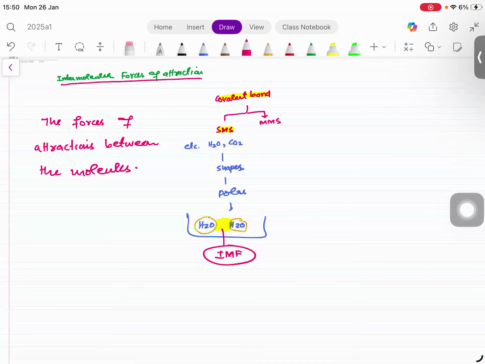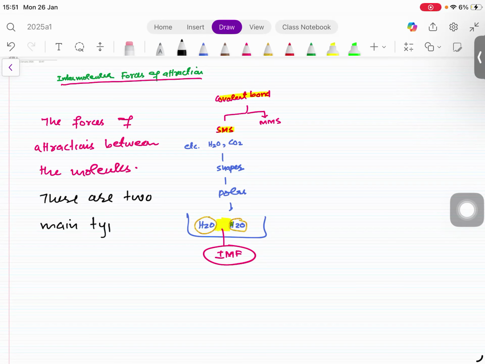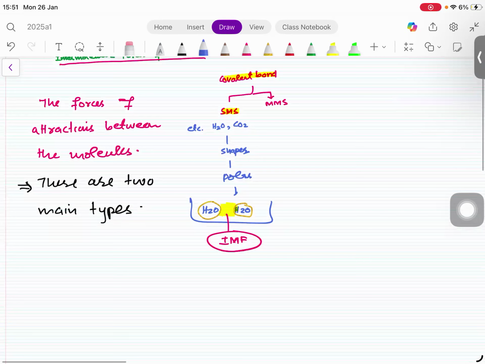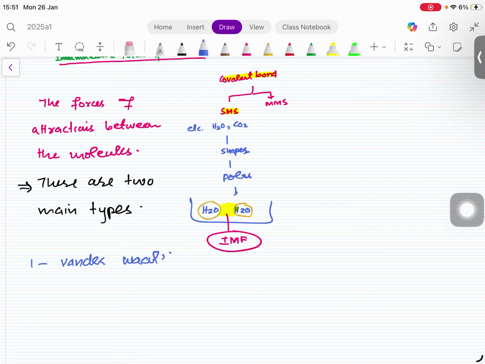All right. Now, as far as this is concerned, there are two main types. Please write down. There are two main types. Number one, van der Waals forces of attraction, and number two, hydrogen bonds.